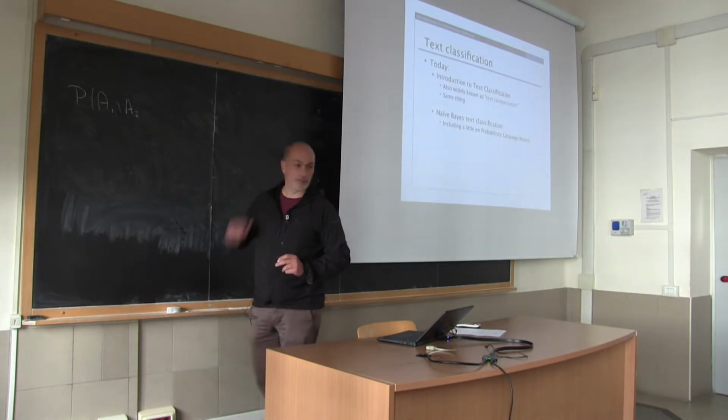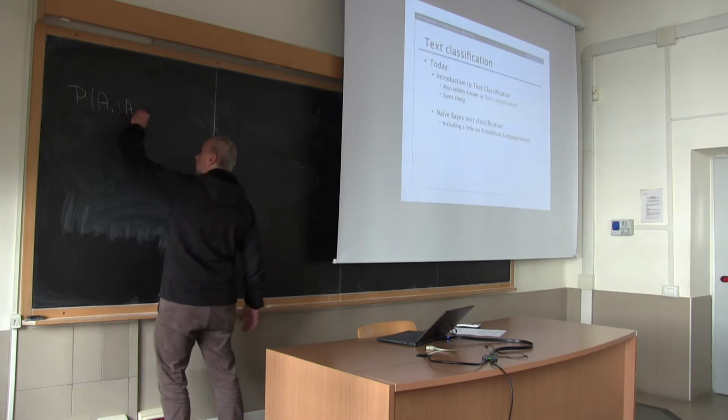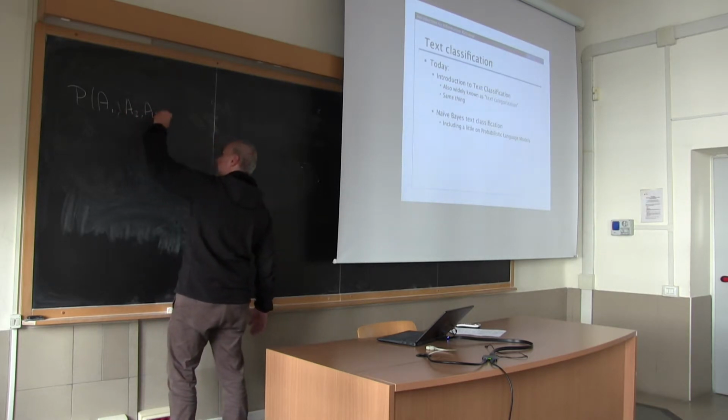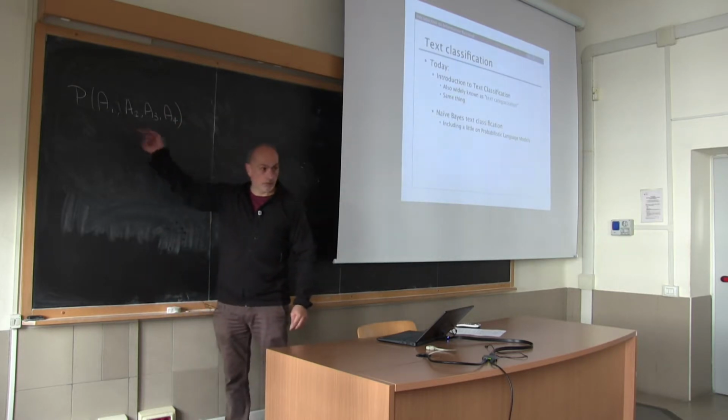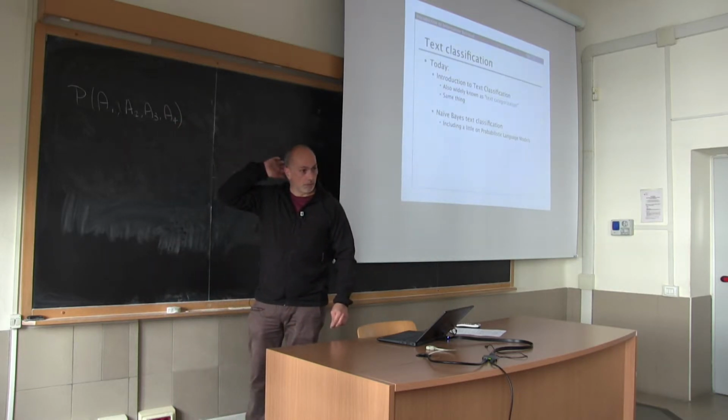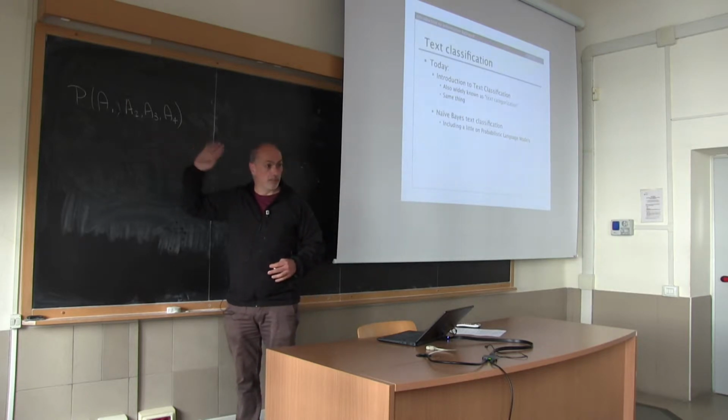So I will stick to them. I put a comma. So this is the conjunction of 4 events. What is this probability? You can write it as a product, even when the events are dependent. Okay, how?